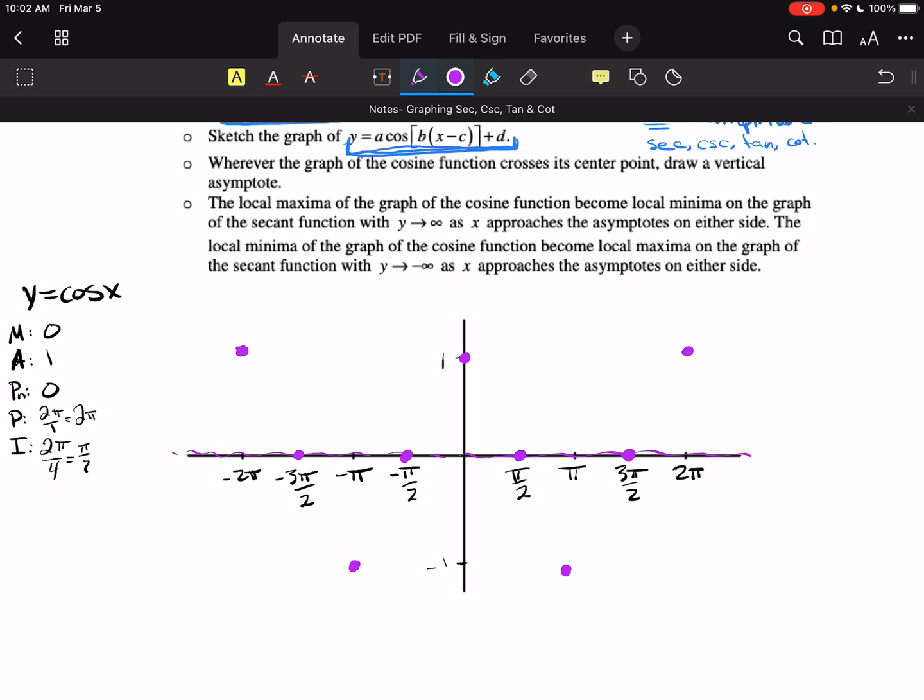And I like to make it a dotted line because remember, we're not graphing cosine, we're trying to graph secant. That way I don't get confused. If you're using colors, that helps. If you're just using one color, a dotted line helps so you don't have all of these solid lines everywhere. So graphing cosine, I would have this.